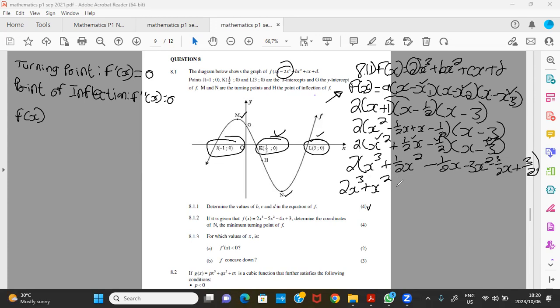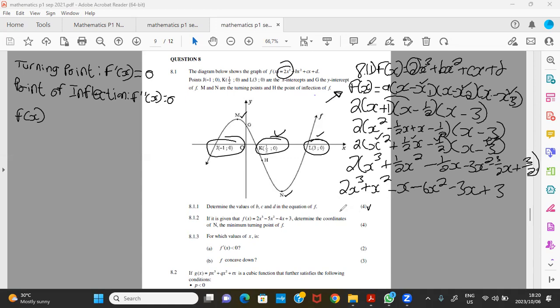And then it's going to be minus x, and then minus 6x squared, and then minus 3x, and then plus 3. So far, so good. So 1, 2, 3, 4, 5, 6, and 2, 3, 4, 5, 6.